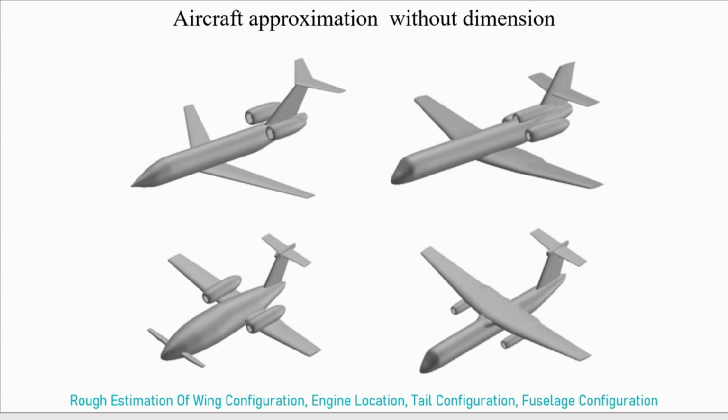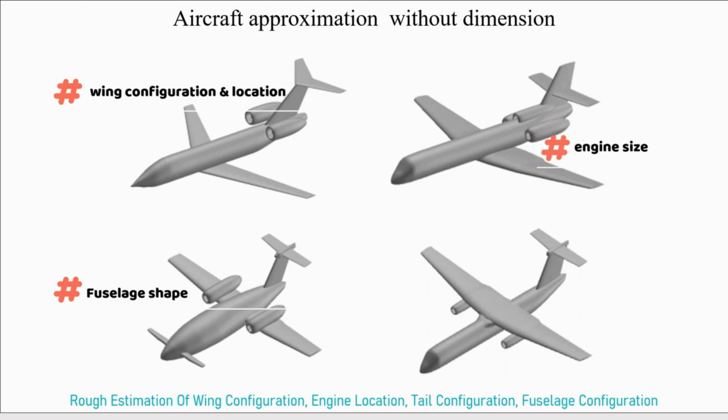Now from here, determine the design configuration that meets all the requirements and aligns to factors such as fuselage shape, wing configuration and location, engine size and location, tail configuration and location, and other features.